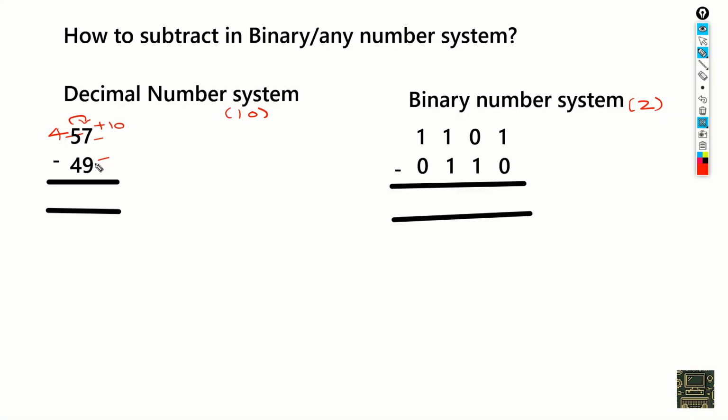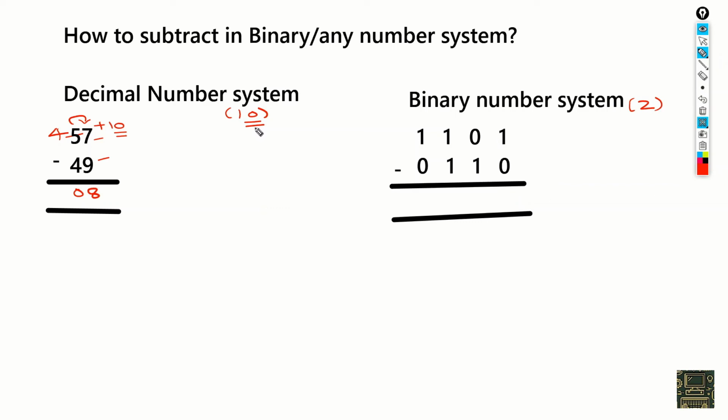So 17 minus 9 becomes 8. And this 4 minus 4 becomes 0. We know that when we take the borrow from the next stage, we are adding this plus 10. Why are we adding this plus 10? Because this is the base of the number in decimal number system.